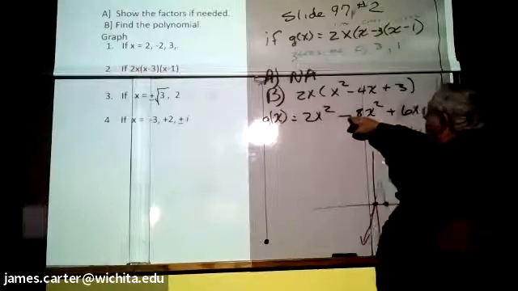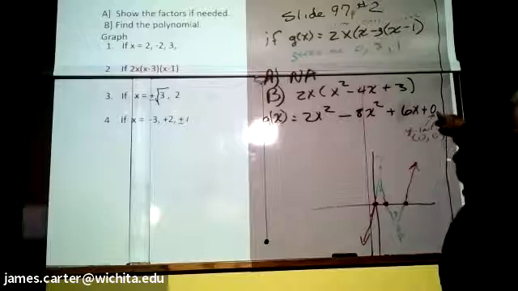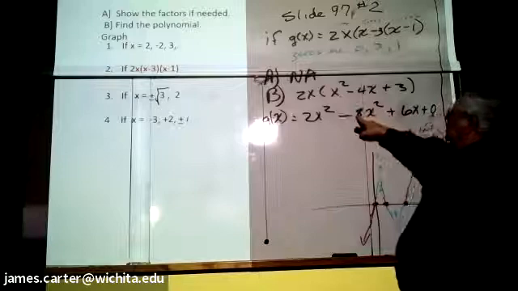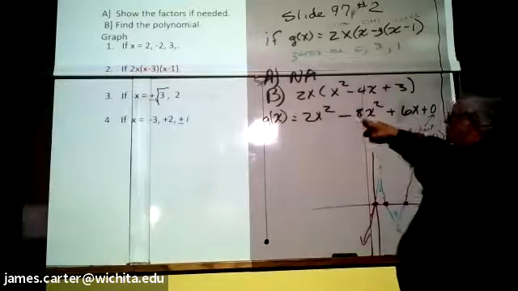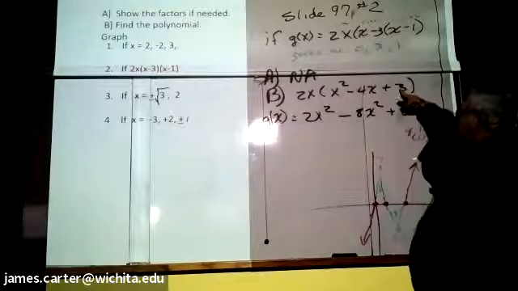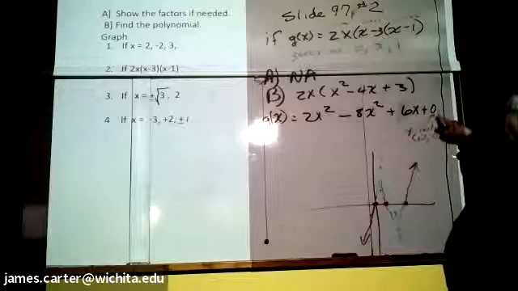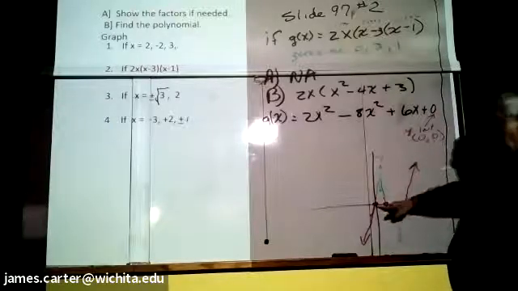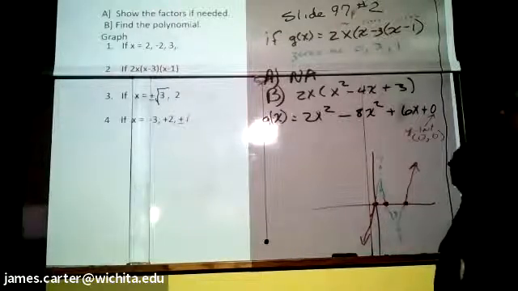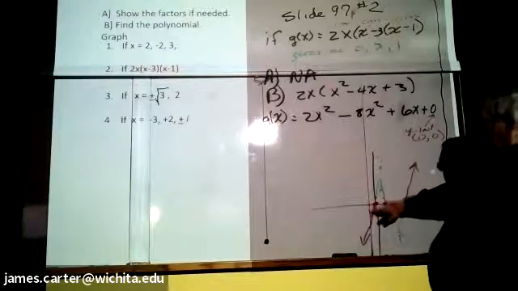And then you could multiply the 2x times all of that, which would give you this equation. 2x times this is 2x squared, 2x times that, here, 2x times that is here, and then you would have a 0 y-intercept right there. We find the other points, 3 and 2.